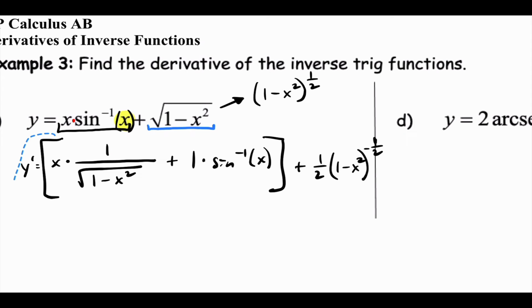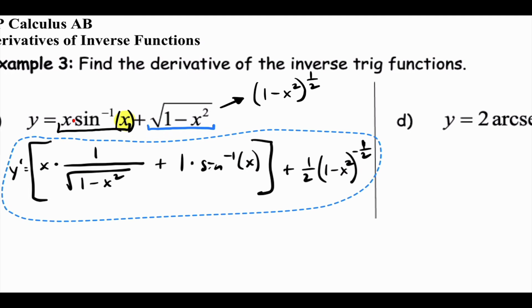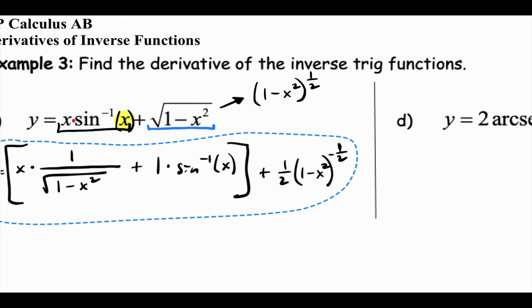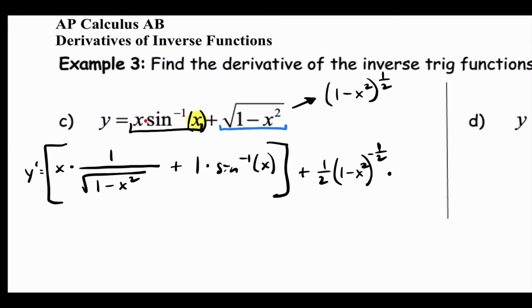I'm running over to the other side, so let me scoot it over. And then I have to multiply times the derivative of the inside, which is negative 2x.